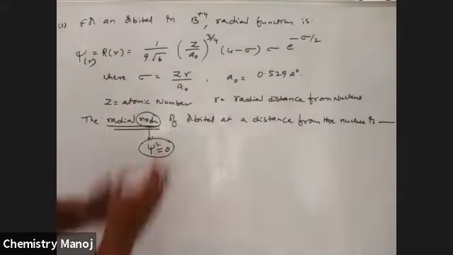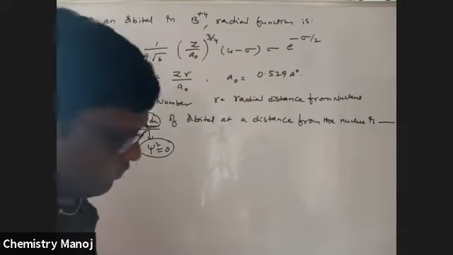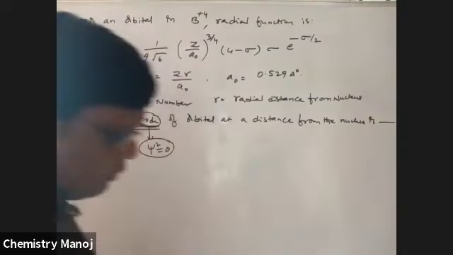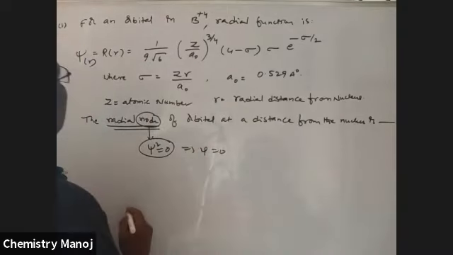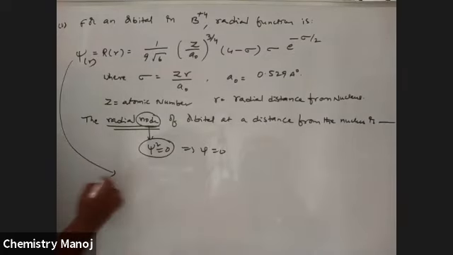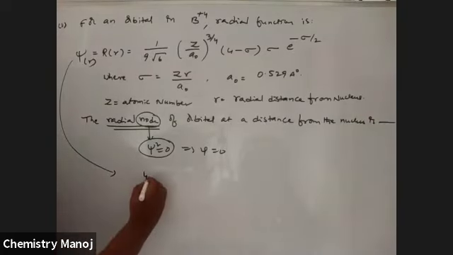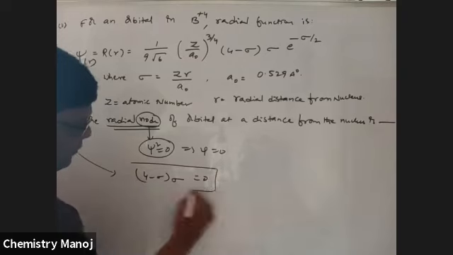Squaring on both sides, psi square is 0. So what will we get? Psi square is equal to 0 means psi is equal to 0. Already psi is given to you, so from this, 4 minus sigma into sigma is equal to 0. Am I correct?